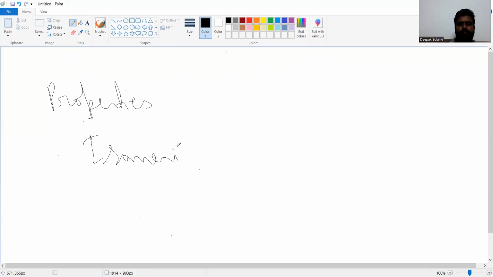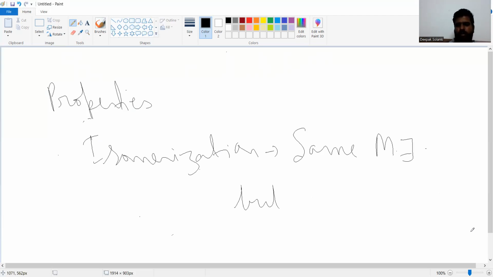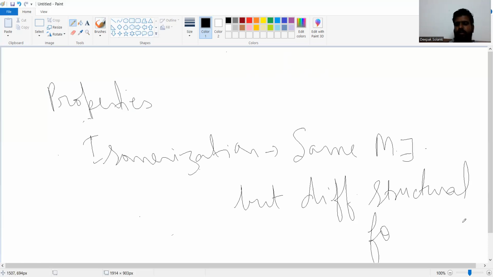Same molecular formula, but different structural formula. That is known as isomerization.